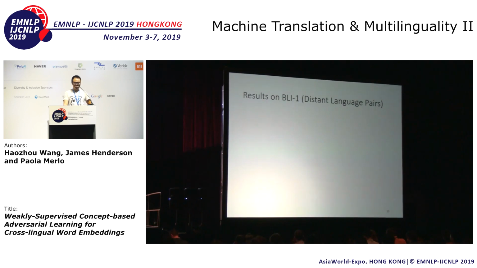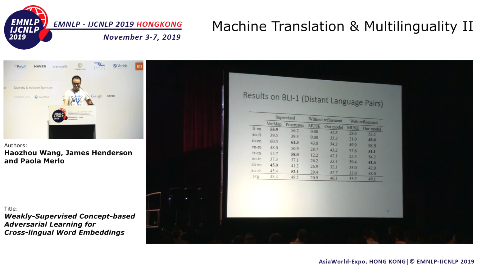Here you have the results for BLI1 for distant language pairs. We have the best performance on 3 directions, and we perform much better than MUSE. And we have comparable performance with our supervised baselines.